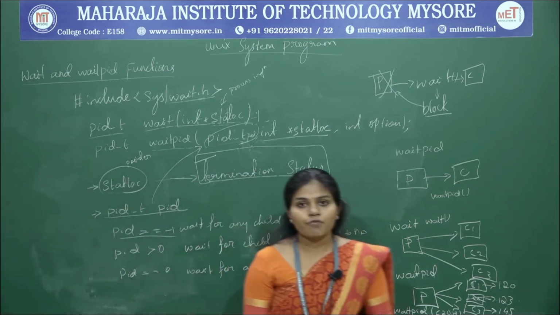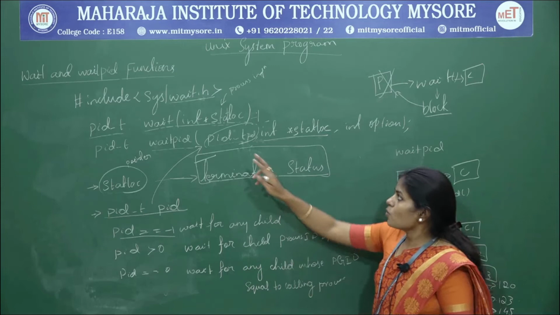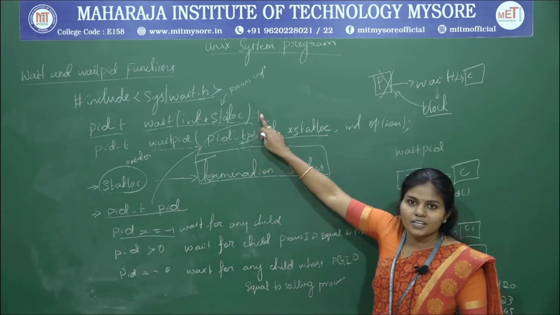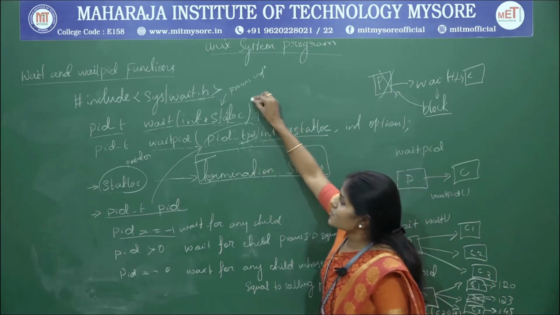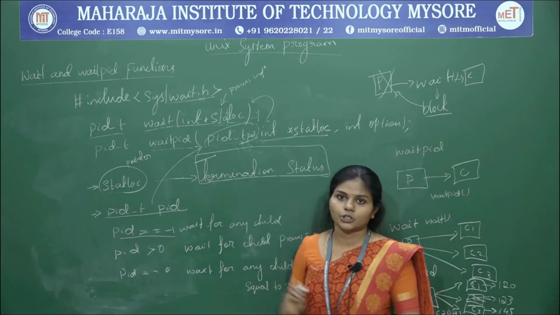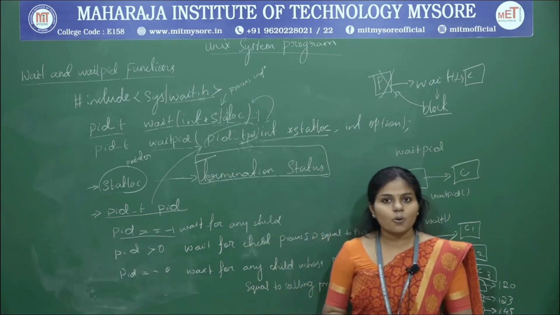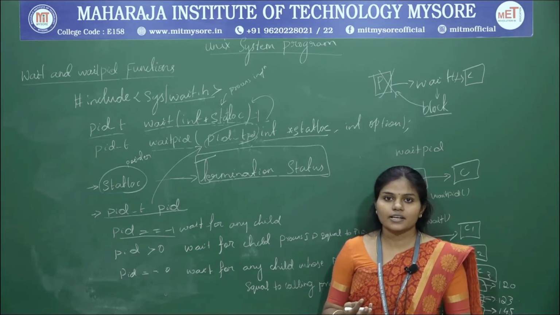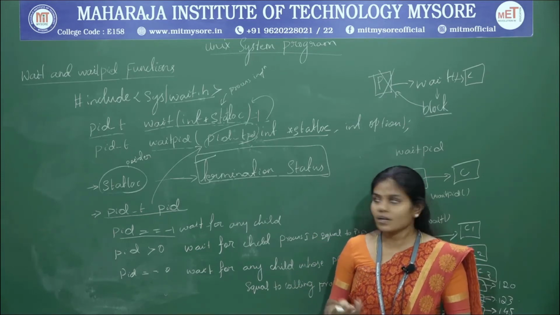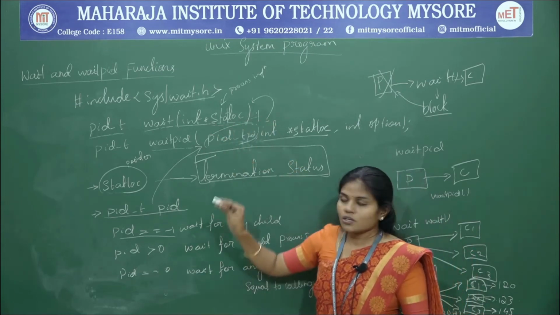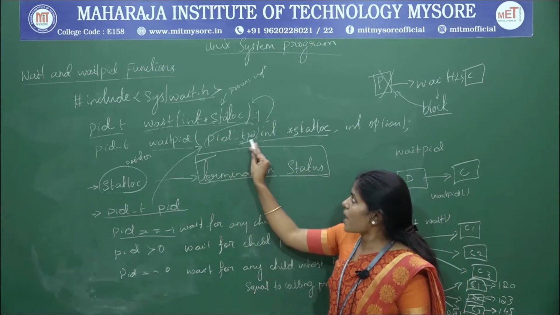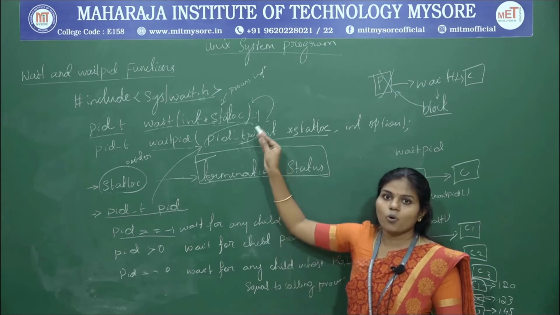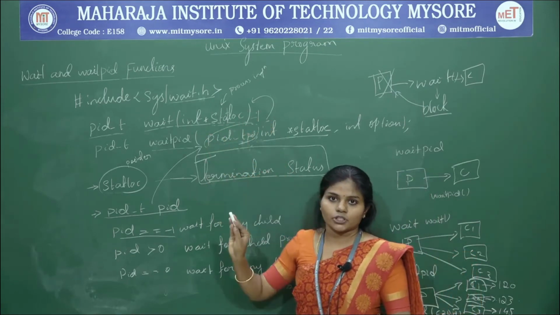It is going to wait for any child. When you make the value -1, it acts like which function? The wait function. Why? Because wait is used for taking the termination status of any child, right? So when you make the first parameter -1, it acts like the wait function.